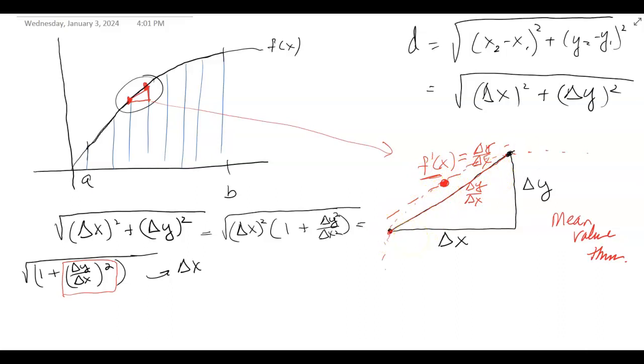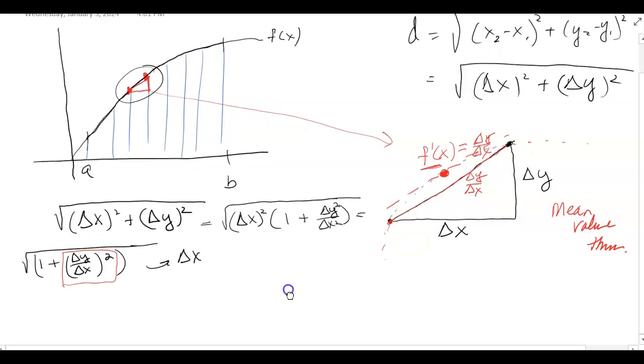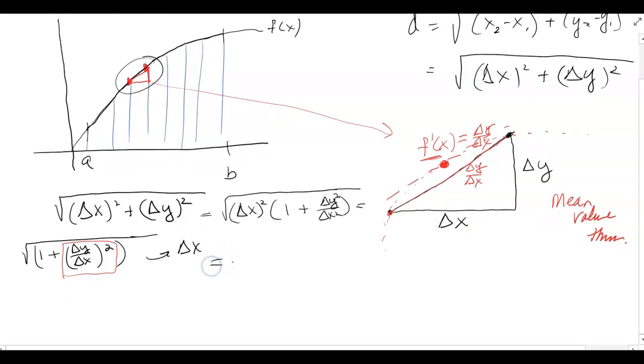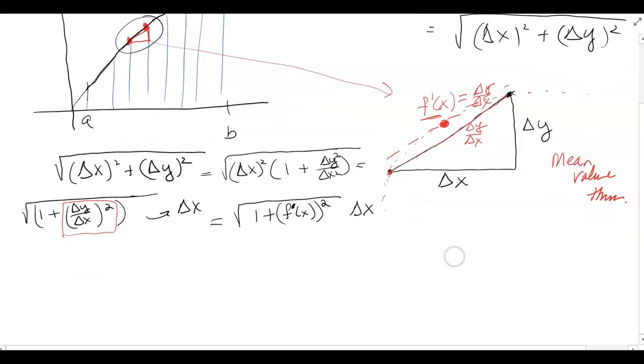So all that does is now allow us to come down here and say, this is now equal to the square root of 1 plus f prime of x squared, dx. And again, that is just one triangle.